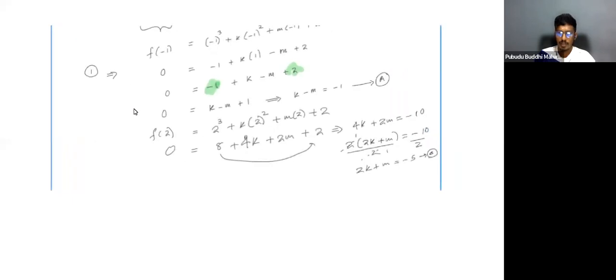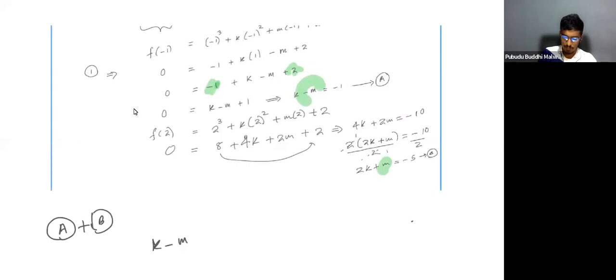Here, I would like to add these two because of minus m and plus m. Those two terms can cancel if we add these two. A plus B. So k minus m plus 2k plus m equals minus 1 plus minus 5.